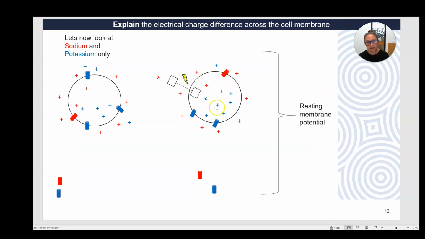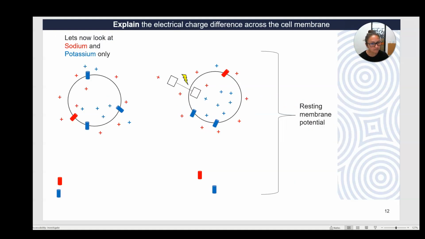Now this thing here, where we have sodium leaking in, potassium leaking out, and the pump going to oppose that, that whole thing that's happening there is called the resting membrane potential. That is what the cell does when it's resting. Sodium in, potassium out, pump to fix it. That is its resting activity. All right?